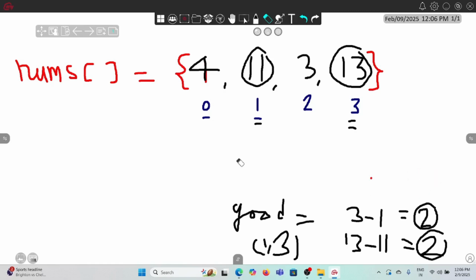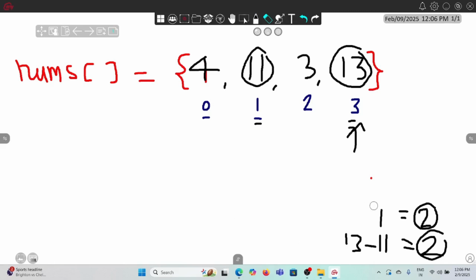For example, let's say we are at index 3. If we find how many good pairs have already occurred, then 3 minus the number of good pairs would equal the bad pairs, because at any n we have total pairs as good pairs plus bad pairs. So we will go in that approach.